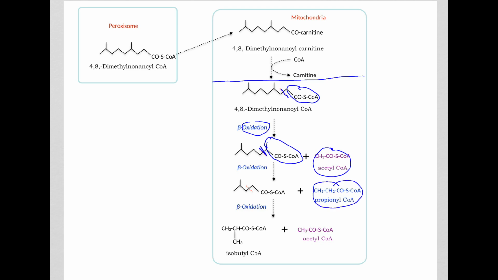And then the next cycle will release this part here as acetyl-CoA, while the remaining fragment here will be isobutyryl-CoA. Okay, 1, 2, 3, 4 carbons. So this is isobutyryl-CoA.